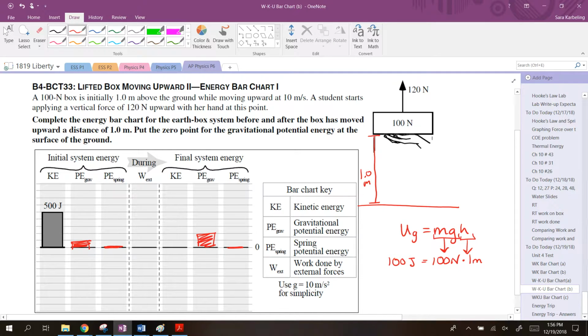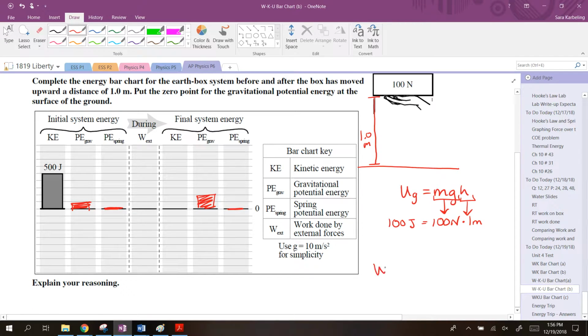Talk to me about the kinetic energy. Force times distance. Okay, hold on, let's back up for a second. Oh, that's work. Well, let's do work first.